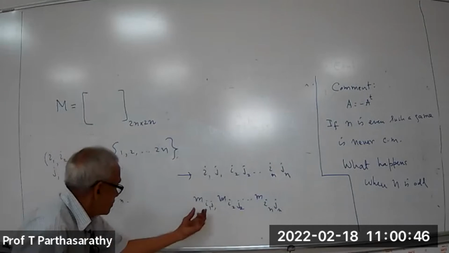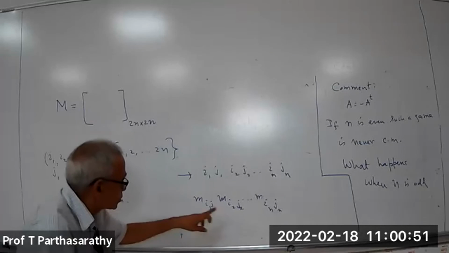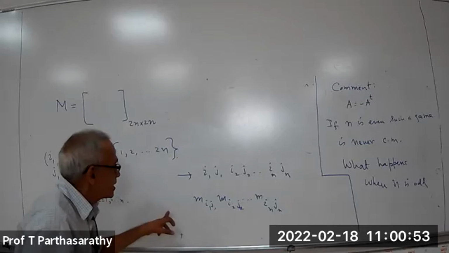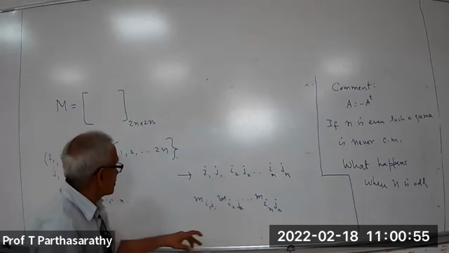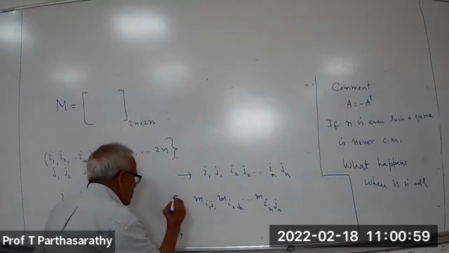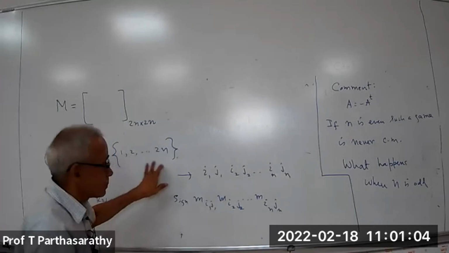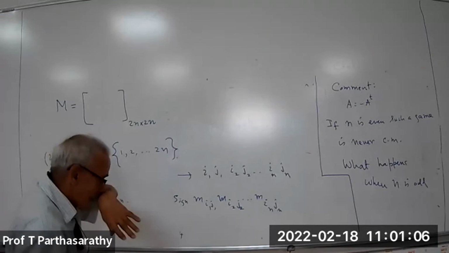That is, I1 J1 is an element, I1 row, J1 column, I2 row, J2 column, etc. And then I am multiplying. The sign of this is given by the permutation of this. Okay, I will simply write sign. Whether it is going to be plus or minus depends on the permutation.